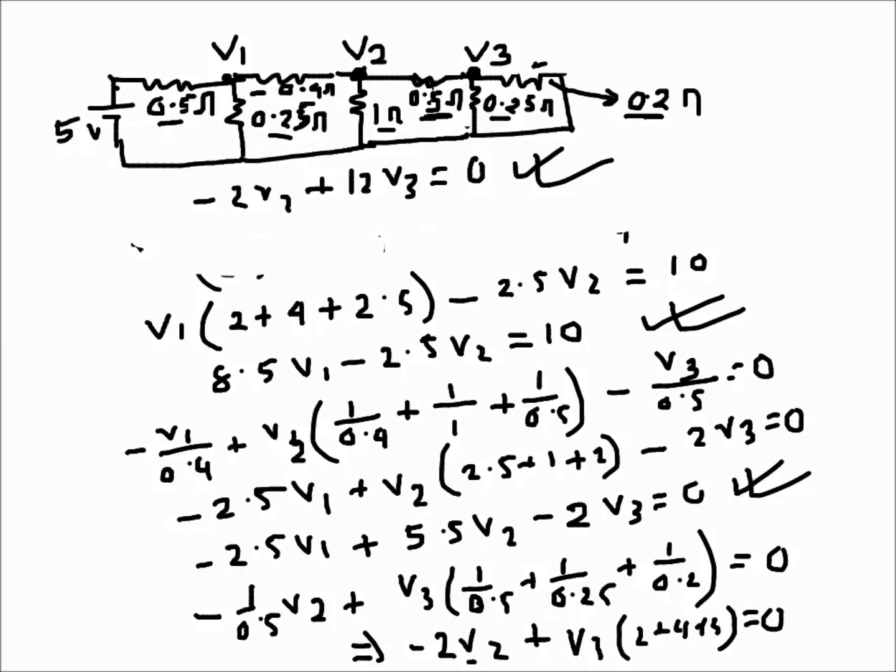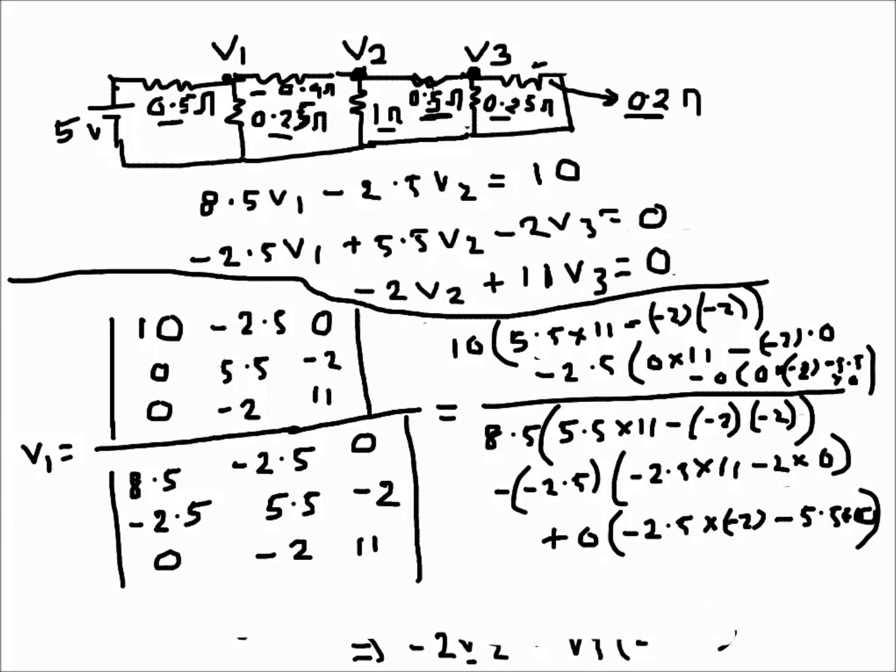So what I can do is write them in determinant form to find each of the node voltages. So here are the three simultaneous equations, and the right hand side for the first one is actually 10, which is 5 over 0.5.